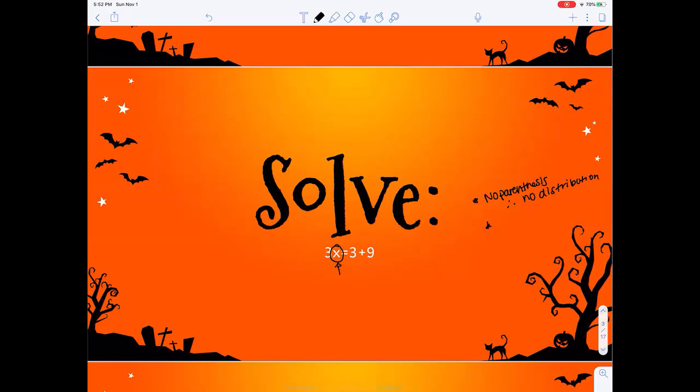Okay, well, there's only one variable in this case, and it's on the left side. And on the right side, I only have numbers. So in this situation, variables are on one side, and numbers are on the other.